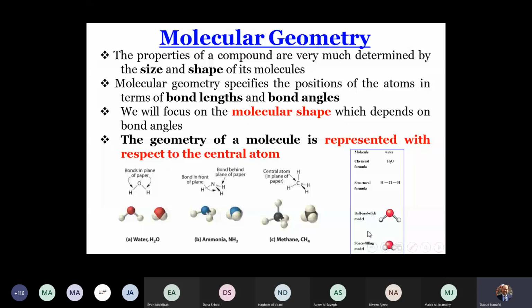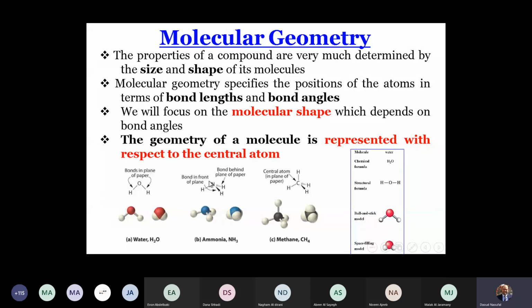In our study, we will use only the ball and stick model in order to describe the structure or the geometry. For water: Lewis, ball and stick, space filling. For ammonia, this is Lewis. Yes, of course, you have to complete it.